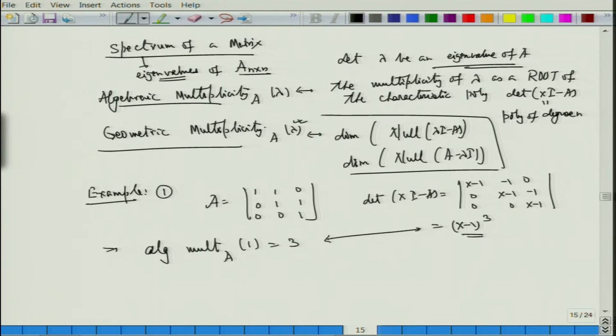What about the geometric multiplicity? For the geometric multiplicity, I need to compute this null space. So, let us compute the dimension of the null space. We want to look at the geometric multiplicity of 1 here.